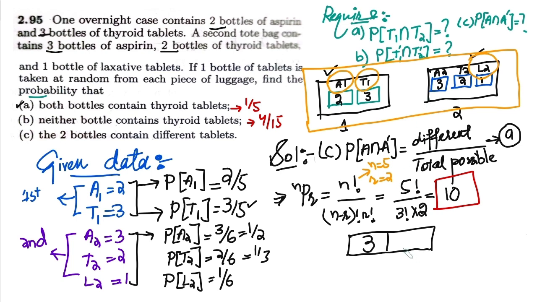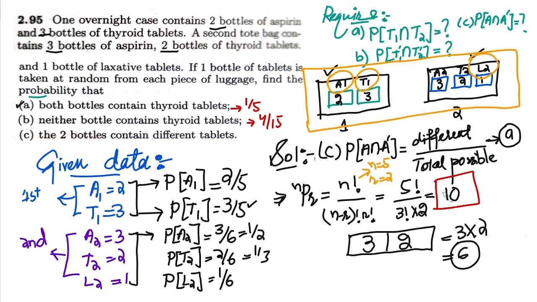For the second slot I cannot select the same class which was previously selected, so the number of classes I have to select from has reduced from 3 to 2. So this would be 3 multiplied by 2, because each of the classes will be associated with the other 2 classes, so this will give me 6. Okay, so this is the number of different combinations I have to find out.